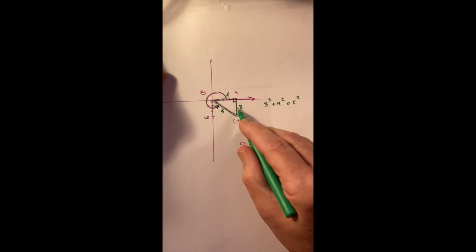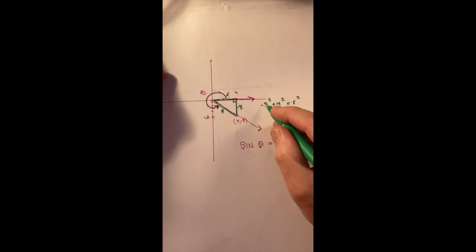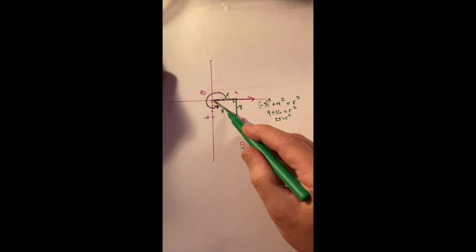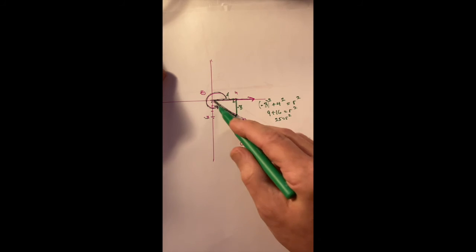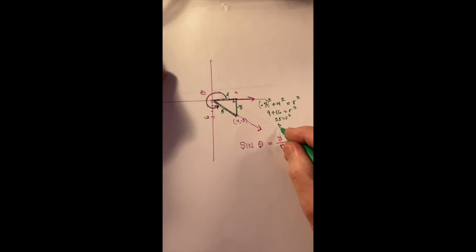And that's true even if you thought of this as negative 3. Wouldn't make any difference here. So this would be 9 plus 16 is equal to r squared, and this is 25 is equal to r squared. And since we're dealing with a length here and not a displacement, this is going to have to be a positive value. So r is equal to 5, and that means the sine is -3 over 5.